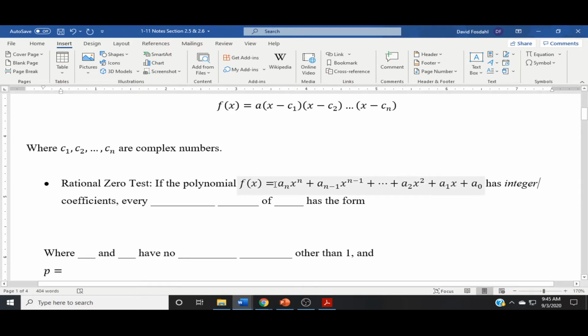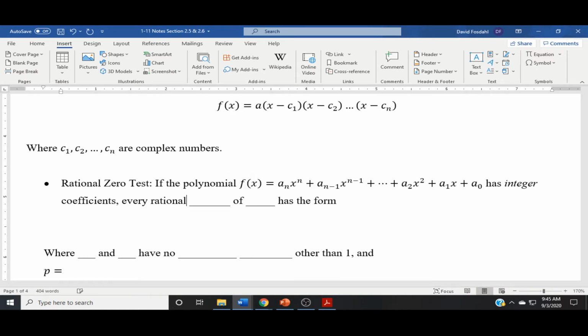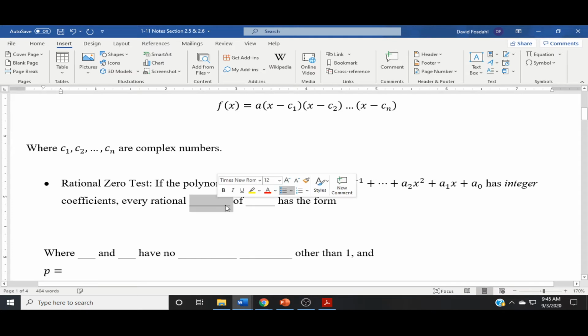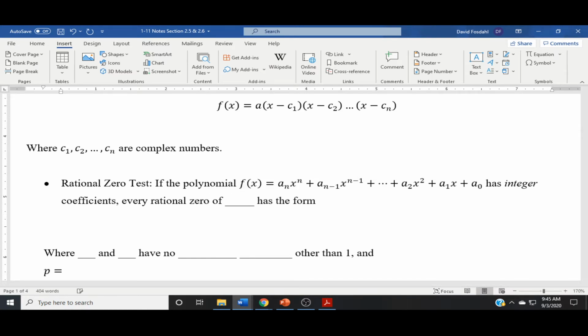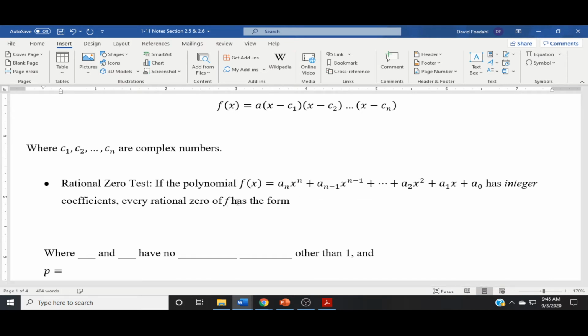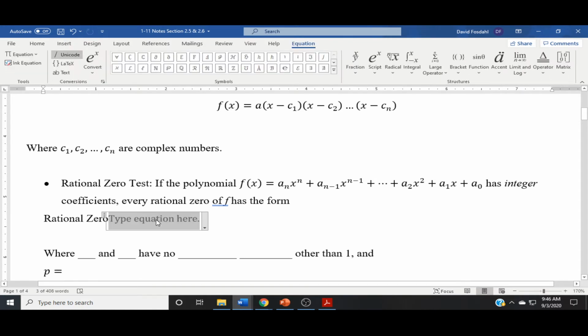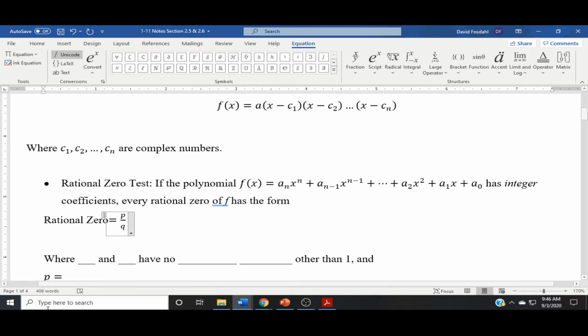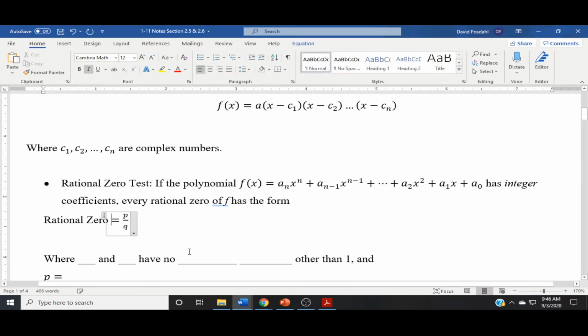So if this polynomial has integer coefficients, every rational zero of f has the form rational zero equals p over q.